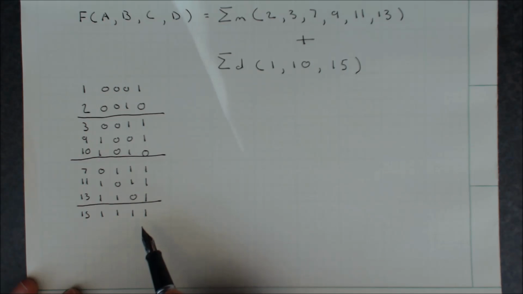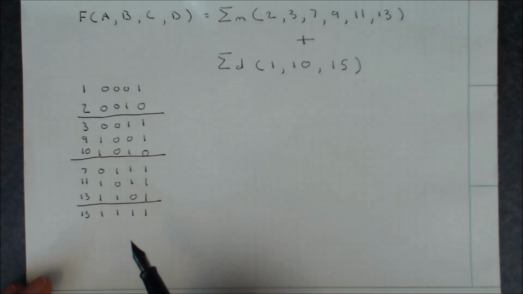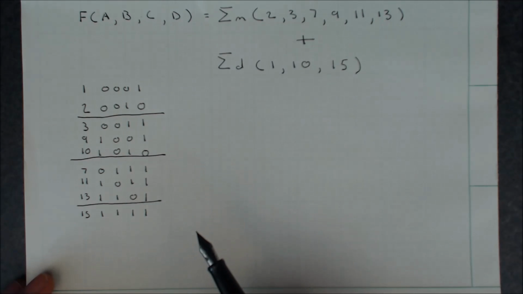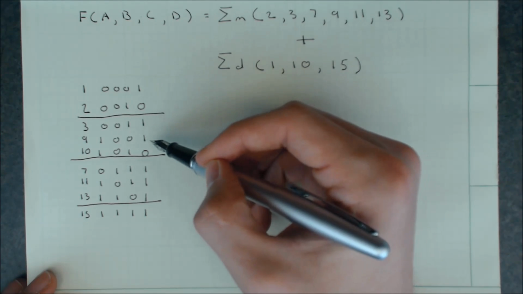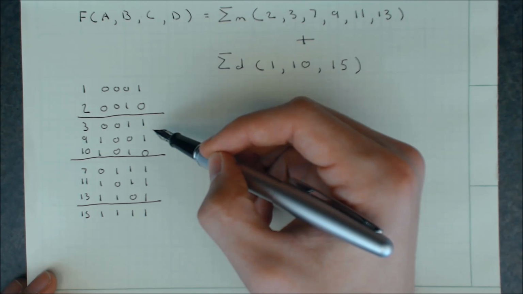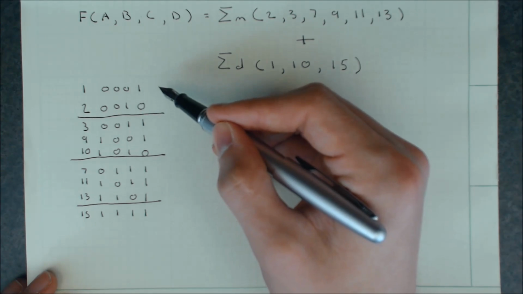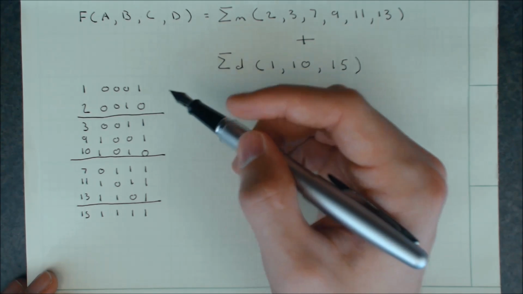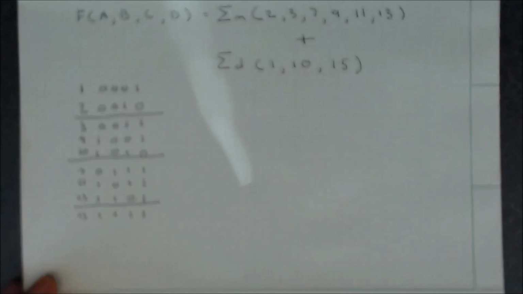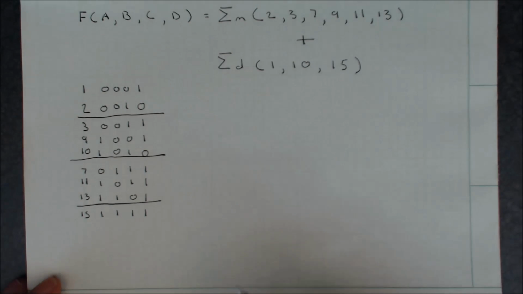Now after we've done this, we start to compare terms between groups. So the first thing we're going to do is compare the groups with one 1 and the groups with two 1s. And we try to find individual pairings where there's only one bit of difference between the two. So in this case, it looks like we have 4 matches.